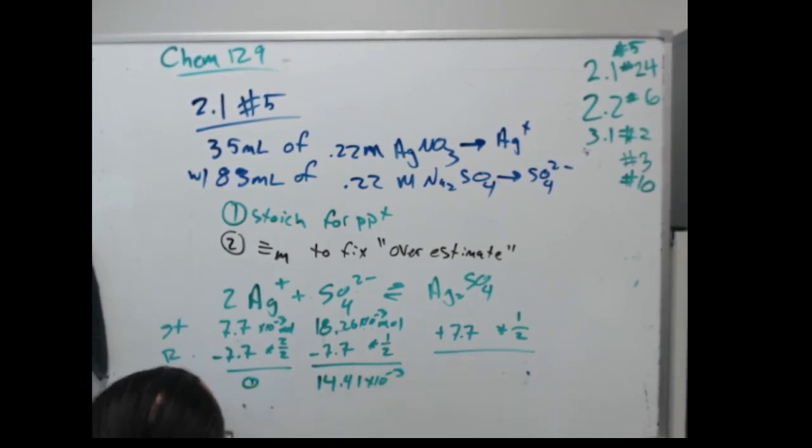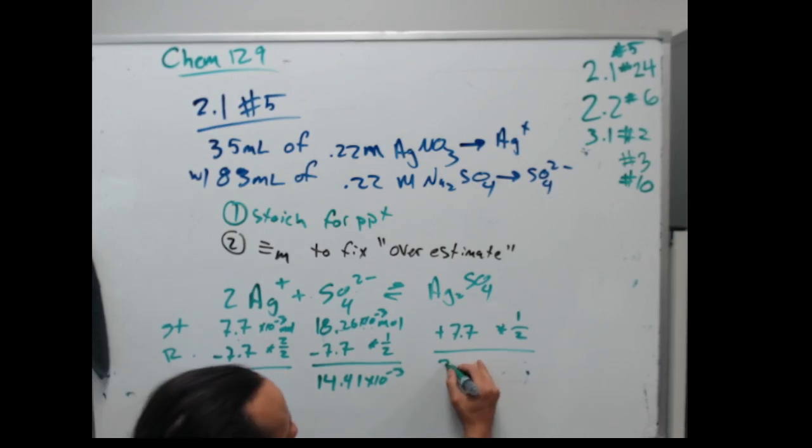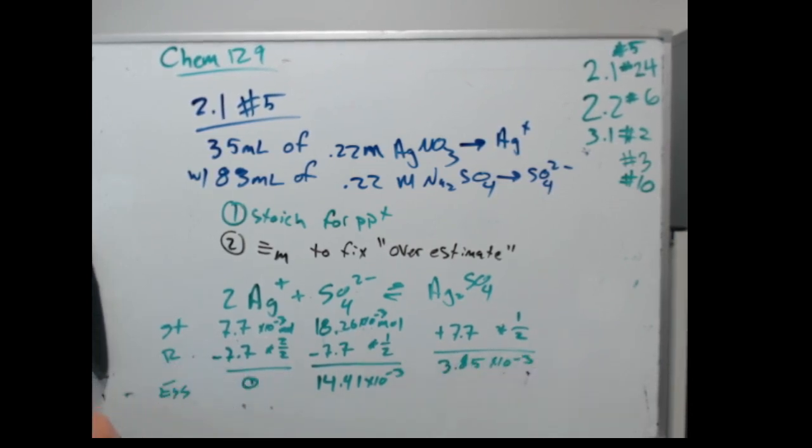And this will get us 7.7 divided by 2, 3.85 times 10 to the minus 3. Right, so I've got how much silver sulfate solid I make in moles. I've got how much excess sulfate I have in moles.